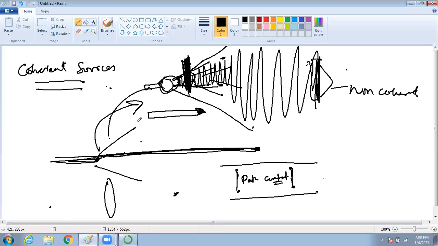So what is coherent? Who will tell me? Harsh, what is coherent? Yes, sir. What is the definition?